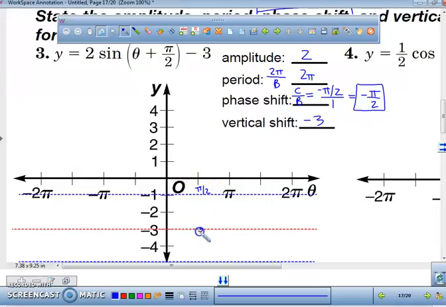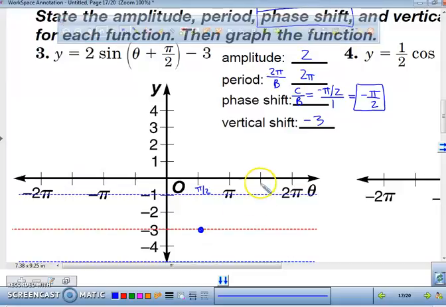My zeros are right here, right here, at negative pi over 2, which is right here, and at negative 3 pi over 2. That's where all our zeros are.